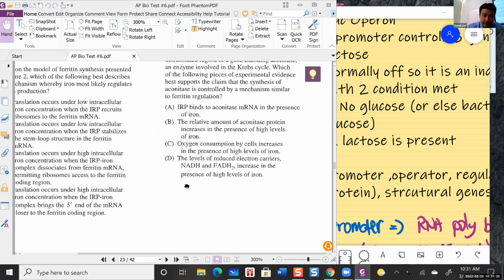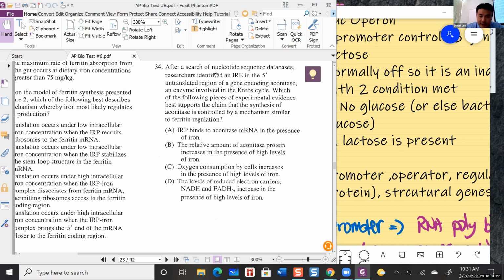So what about it? It says, looking at the nucleotide sequence database, researchers identified an IRE in the region, right? In the 5', so the left side, the upstream, untranslated, like what we said. So we found this in this enzyme, aconitase. So we have an IRE in aconitase, suggesting that this enzyme, just like ferritin, is also controlled by the same mechanism.